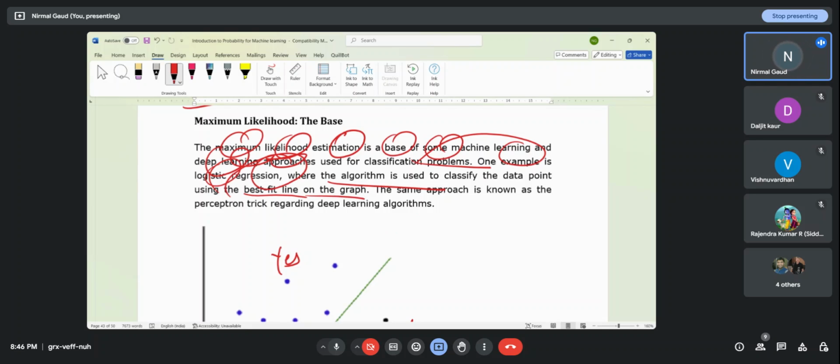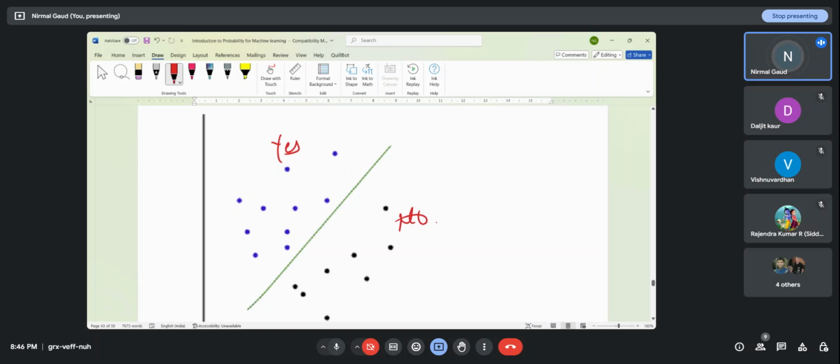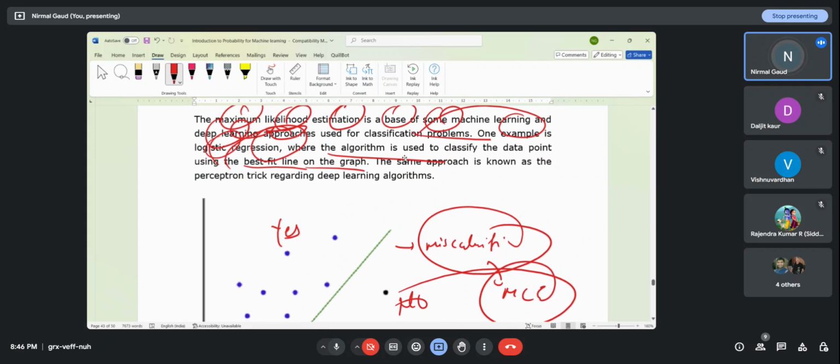So the best fit line is a line which divides the two classes of data points in the best way, so that there should not be any misclassification. This is maximum likelihood estimation, MLE. That's what it is saying.